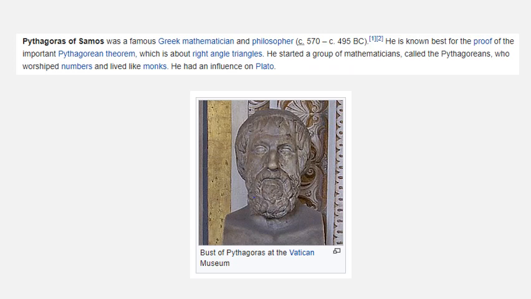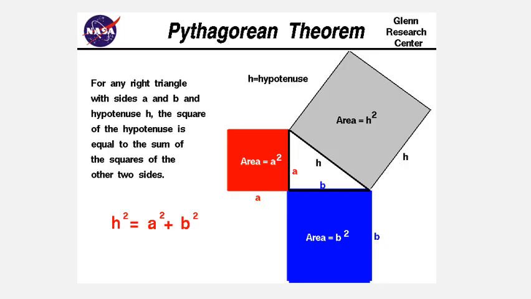So again, if you've got two lengths of a right-angled triangle, you can find the third one by using his theorem.